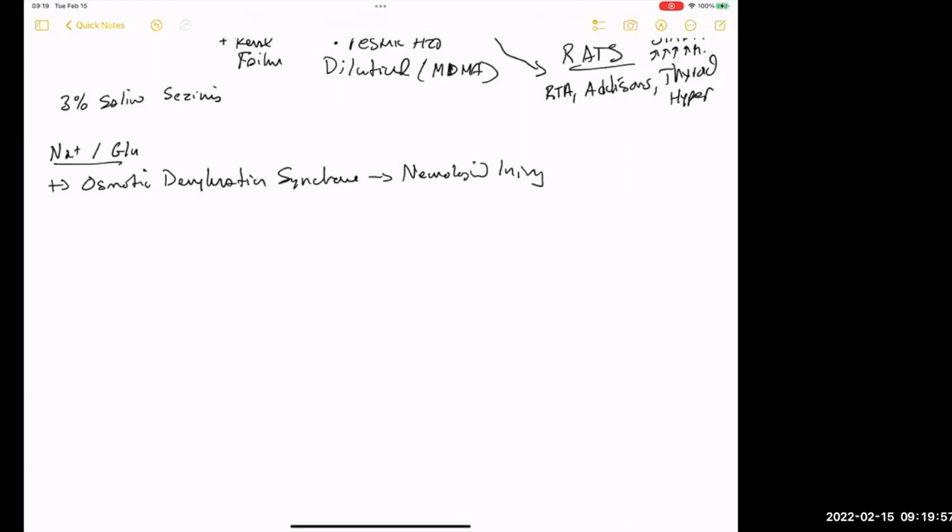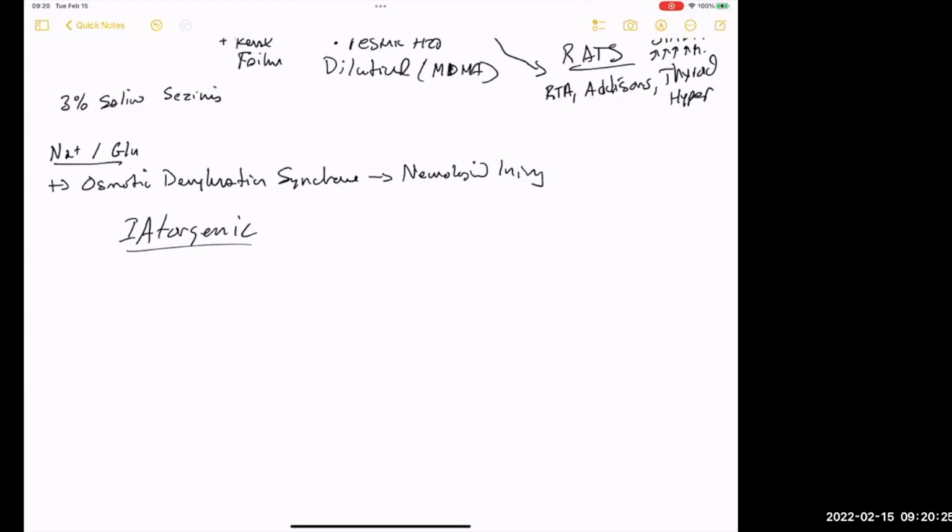Sometimes it is referred to as iatrogenic. Whenever something is iatrogenic, that means it is provider caused. Iatrogenic injury. And this is one of those. It's fairly rare, luckily, but if it does happen, it is incredibly nasty.